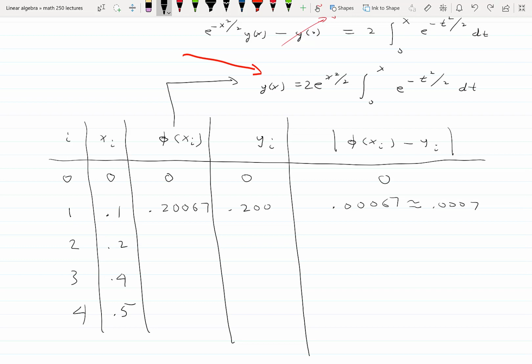So in my calculator, I entered 0.2 and computed the actual solution as 0.40538. Our estimate above was 0.402. The error is 0.00338, or approximately, let's say, just 0.003.